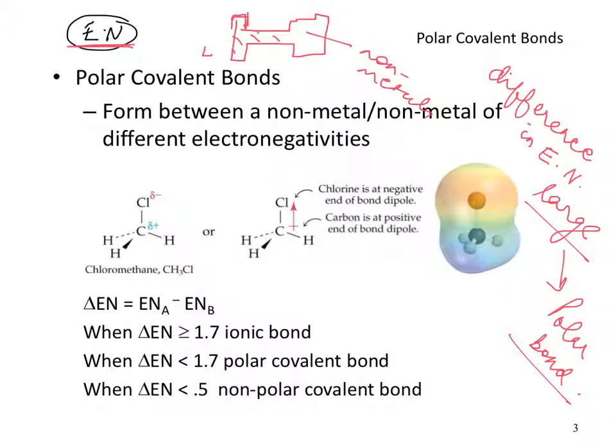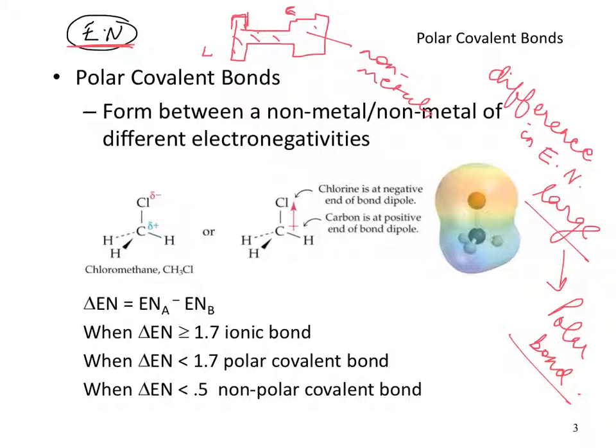So polar bonds do require a greater difference in electronegativity. That means that maybe one of the combining atoms would be something like carbon, and the other would be something like fluorine.